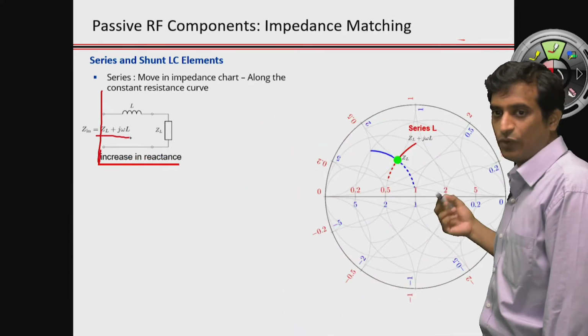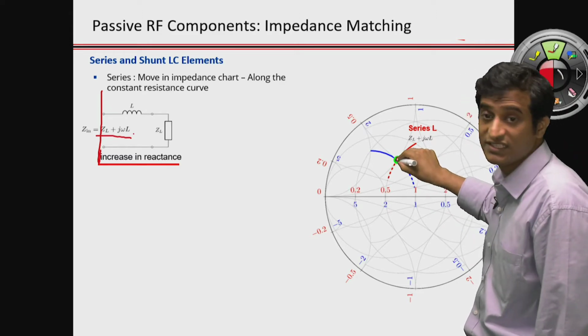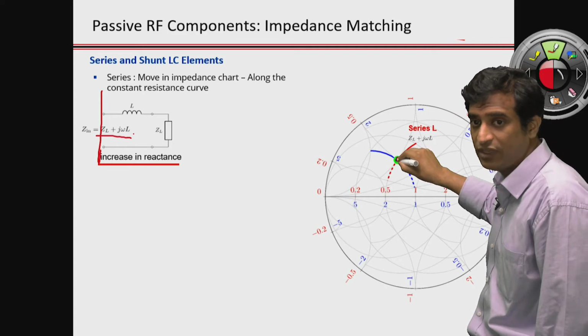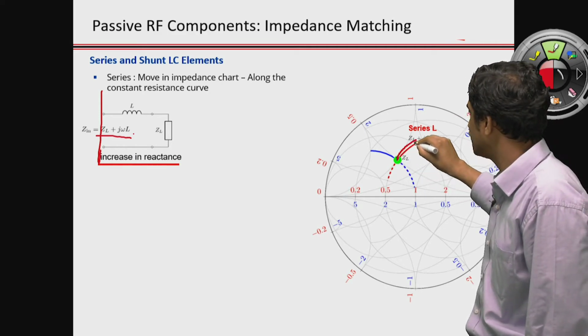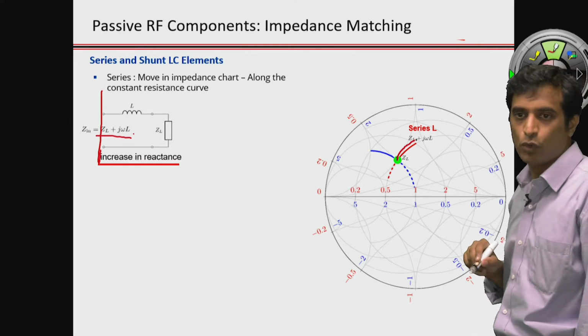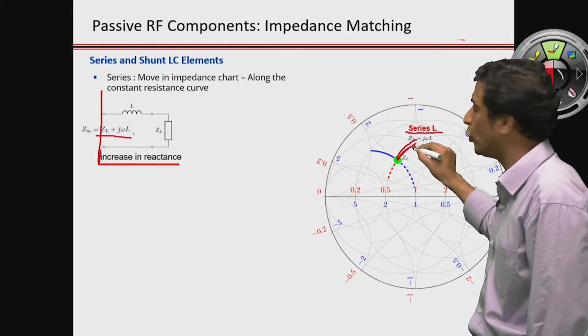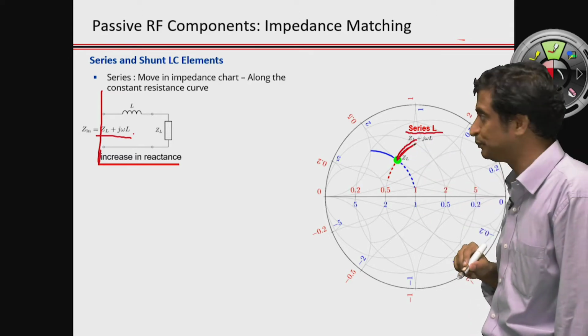And in the Smith chart, how does that move? We can see that when the reactance of this load impedance is increasing, we are moving in the clockwise direction along the impedance chart. So a series L moves this point in the clockwise direction.